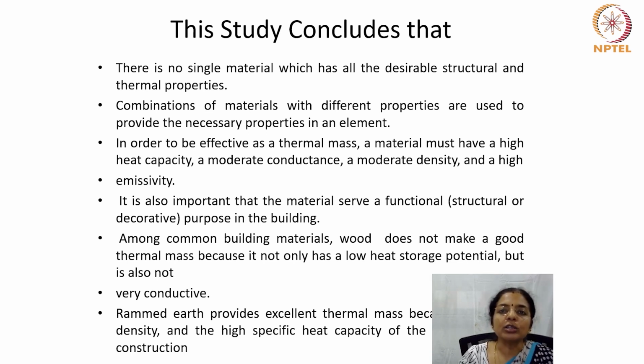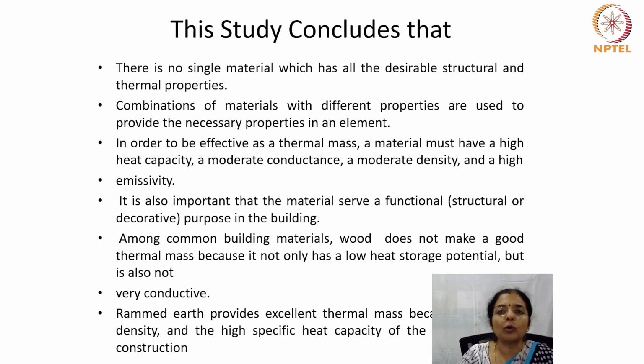It is also important that the material serves a functional, that is structural as well as decorative, purpose in a building. Among common building materials, wood does not make a good thermal mass because it not only has low heat storage potential but is also not very good in terms of its conductivity.